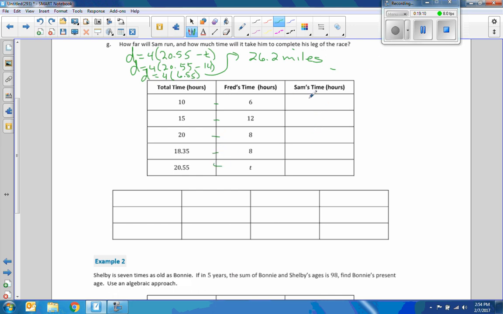So I'm going to write 10 minus 6 equals 4. 15 minus 12 equals 3. 20 minus 8 equals 12. 18.35 minus 8 equals 8.35. And 20.55 minus t cannot be simplified unless we know what t is.